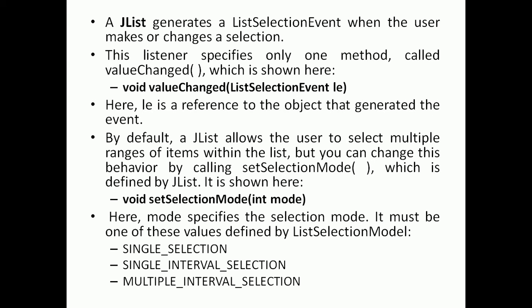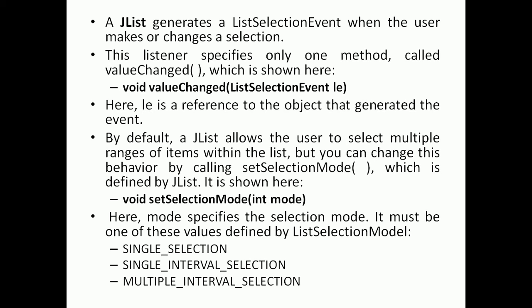A JList generates a list selection event when the user makes or changes a selection. This listener specifies only one method, called valueChanged. The syntax is: void valueChanged(ListSelectionEvent le), where le is a reference to the object that generated the event.